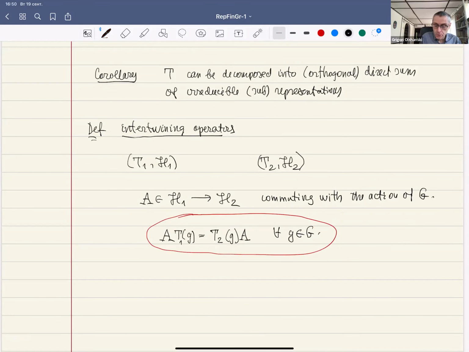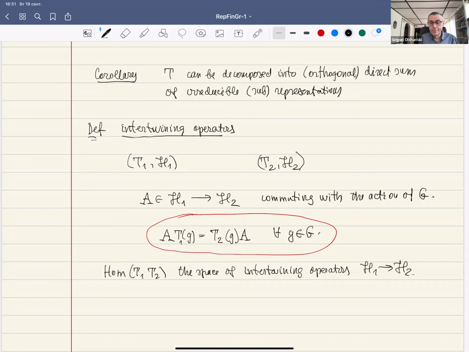And I will denote by Hom_G(T1, T2) the space of intertwining operators from one space to another.